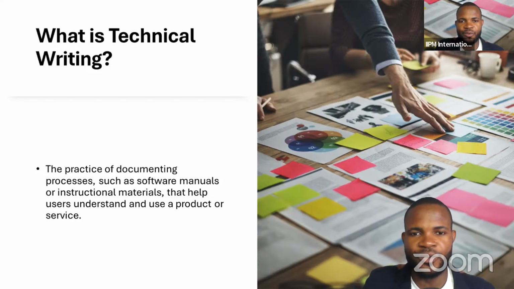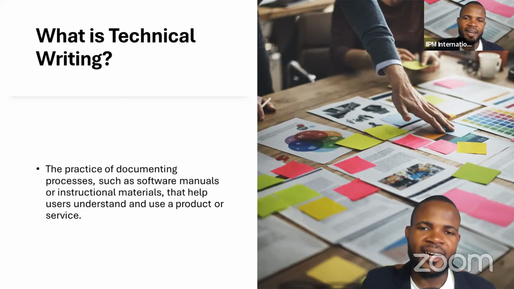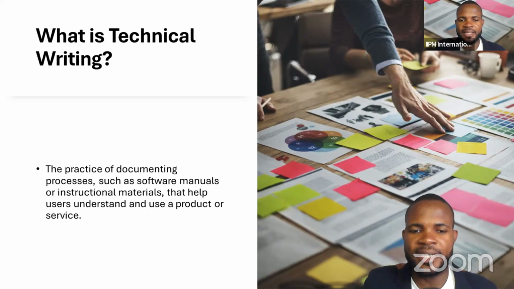So technical writing is the practice of documenting processes such as software manuals or instructional materials that help users understand and use a product or service. Whether it is a software, an app, a product, or a service, technical writing is essentially the practice of documenting processes that helps users understand and use a particular product or service.